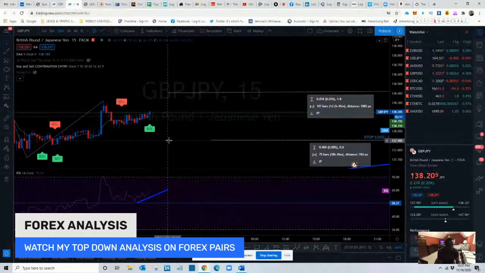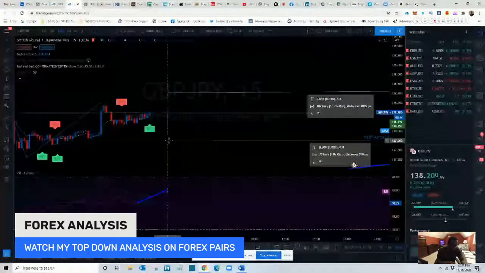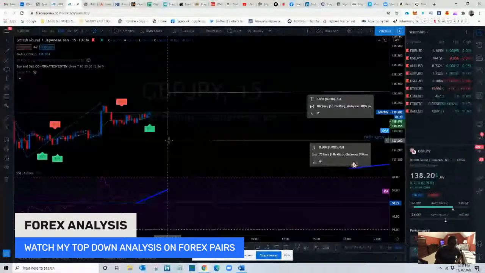Let's see where I'm at in the MetaTrader 4. I'm in a drawdown of $9, so it's probably going the right direction.